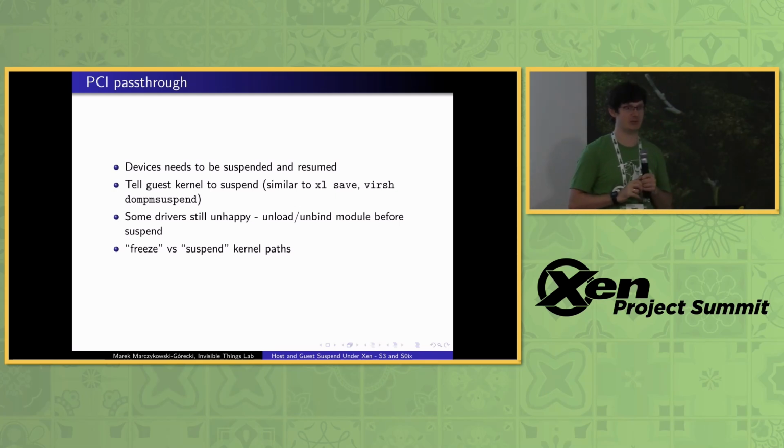There is guest suspend in Xen. It is supported already for a long time. It's used for saving and restoring guests, and also for live migration. So we use that to suspend the guest, but not actually dump its memory to disk, just to a migration stream, but keep it in memory.